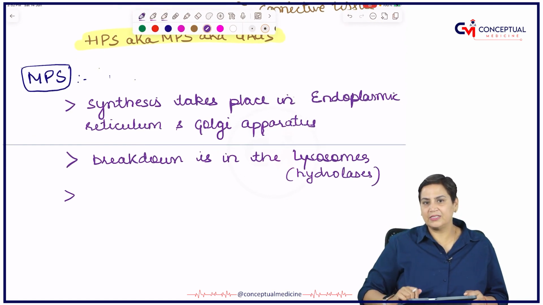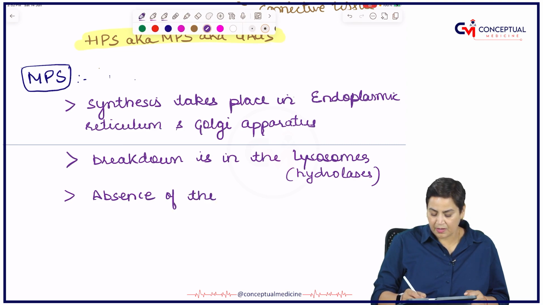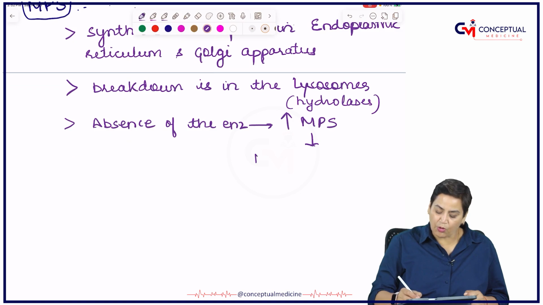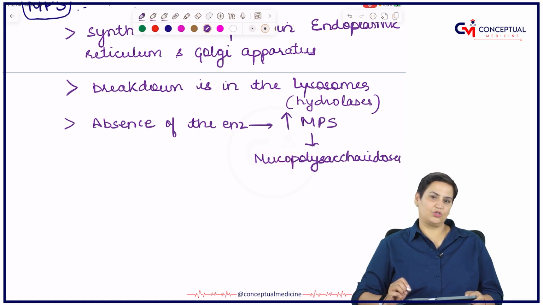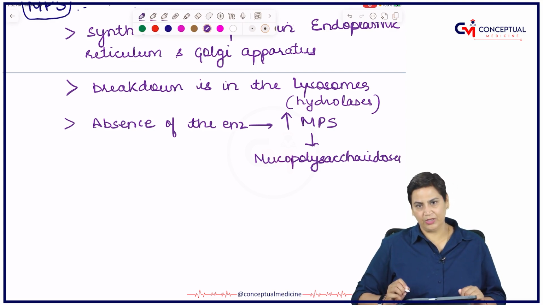So if a hydrolase enzyme is absent, there will be accumulation of mucopolysaccharide, which will lead to mucopolysaccharidosis. So I will just write: absence of the enzyme will lead to increased concentration of mucopolysaccharide, leading to mucopolysaccharidosis, which is again a very, very important class of lysosomal storage disorders, which we will be discussing after going through the general properties of mucopolysaccharides, right?